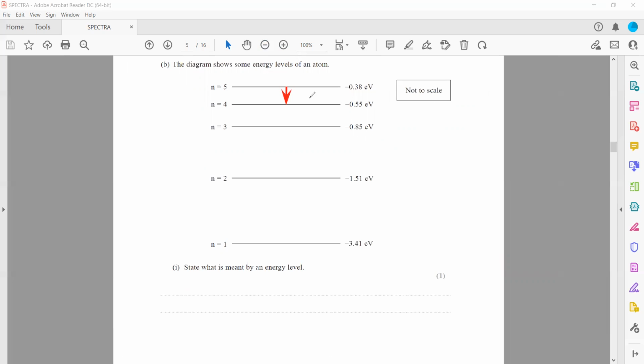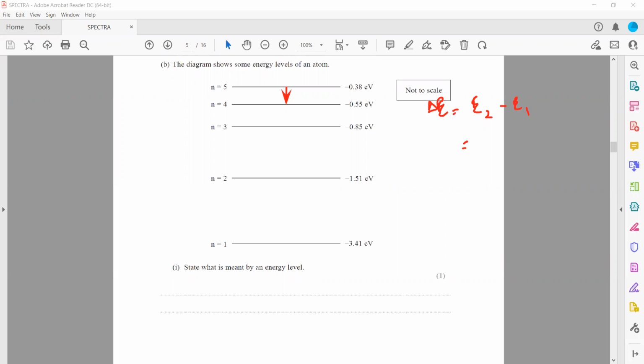So first we'll work out the difference in the energy. The formula to calculate the difference in energy is E2 minus E1. That shows how much energy difference occurs.